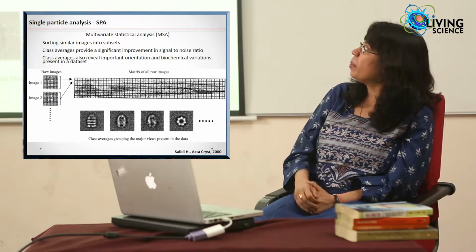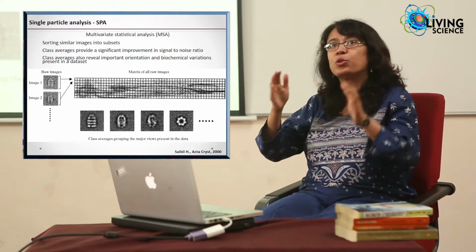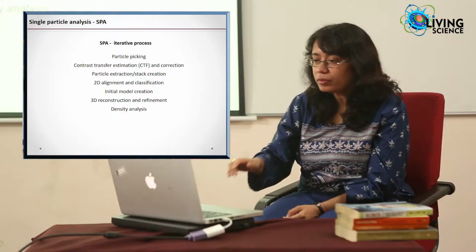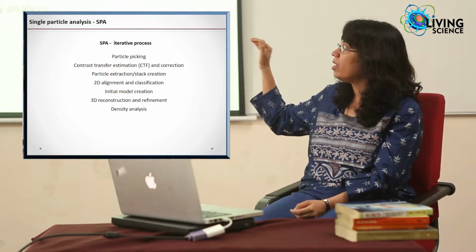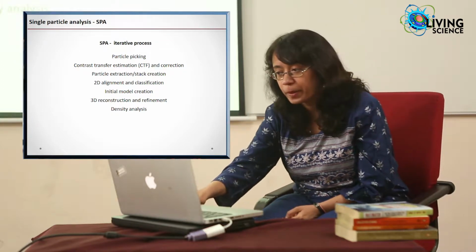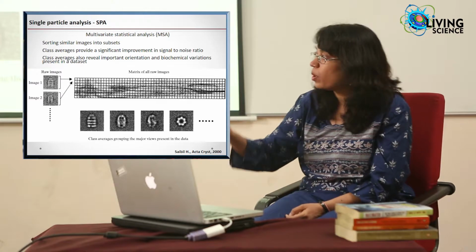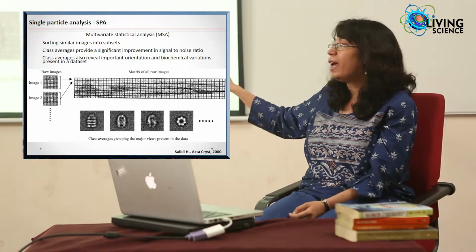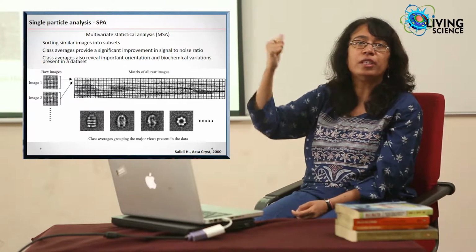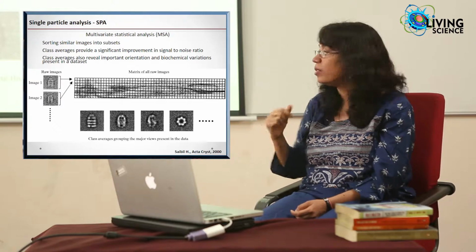Here there is application of multivariate statistical analysis to sort these different looks or orientations of the particle into various subsets, and to generate class averages, which are then aligned, and an initial model is generated, which is taken into 3D reconstruction and refinement. Once one gets these 2D classes, they essentially represent one particular orientation of the biological molecule that one is looking at.